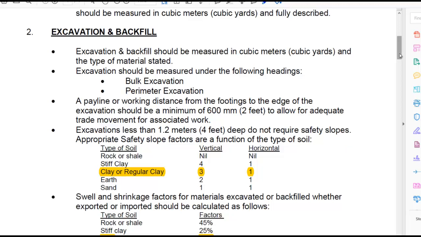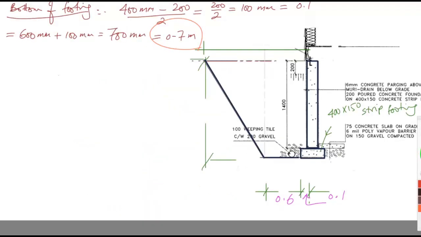So based on this, let's go back here. Now let's start with the calculation of the top of the footing. So the flare is 1 to 3, and the depth I have here is equal to 1.35 meters. So how much will be the flare? How much is this distance?